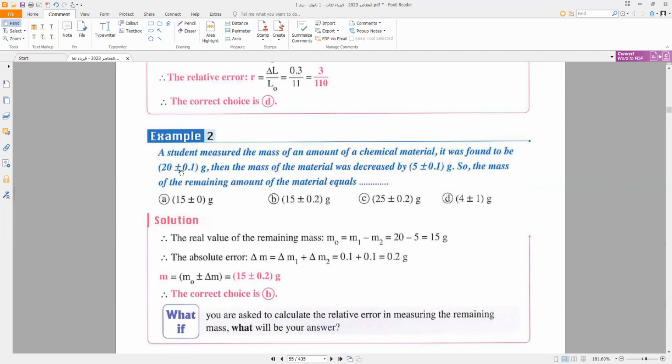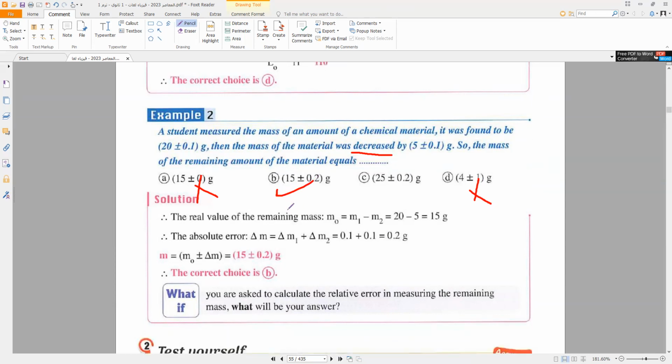It means what? 0.1 plus 0.1 equals 0.2. So this answer will be false, and this also will be false. The process here is decrease: 20 minus 5 equals 15. So 15 plus or minus 0.2. Okay, guys, so the answer will be letter A.